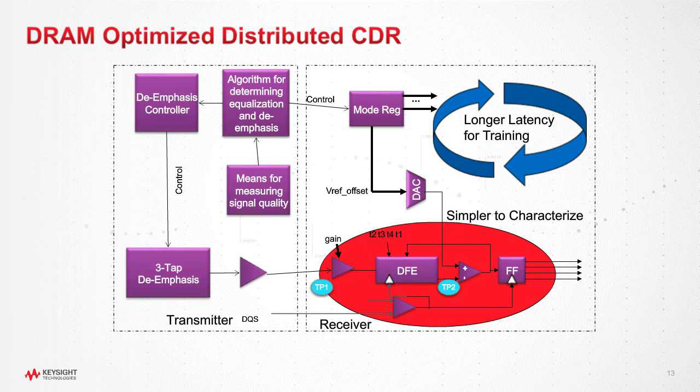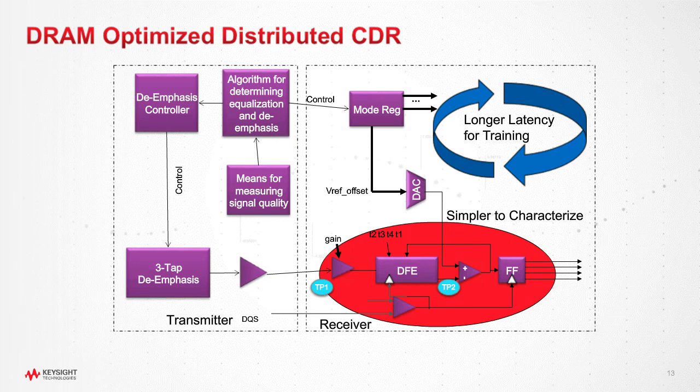And then on the DRAM side, what you basically have is a naked receiver with direct access through mode registers to equalizer tap settings, just as you have had access to VREF offset settings, for example, with DDR4.